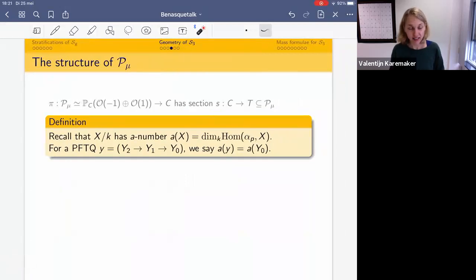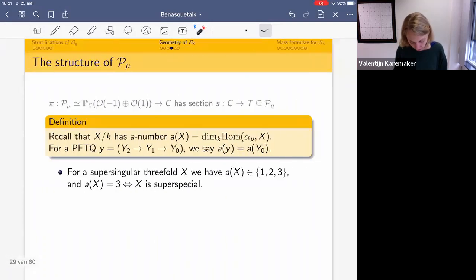So with this in hand, we can also put some sort of an a number stratification on P mu that will make our analysis a bit more tractable. So recall that I said the a number of a variety is the dimension of this Hom space of alpha p into x. And now if we look at a chain of isogenies, so at a PFTQ, then we say that its a number is the a number of the last member, so the a number of y0.